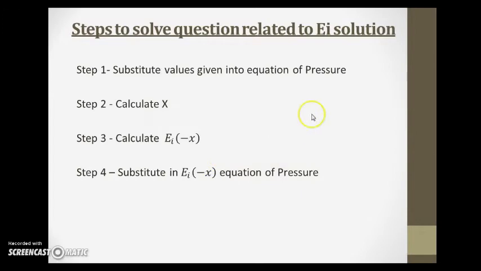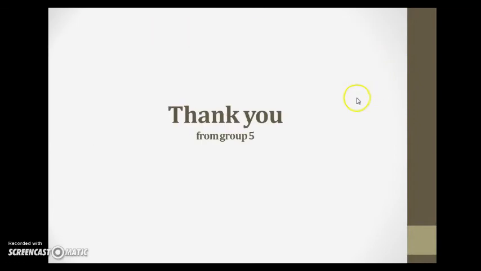These are all the steps that you have to remember for questions related to EI solutions. So I hope every one of you is now clear about what EI solutions are all about, as well as the things to be reminded of in EI solutions.